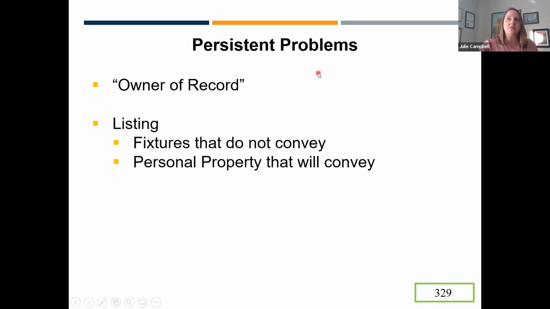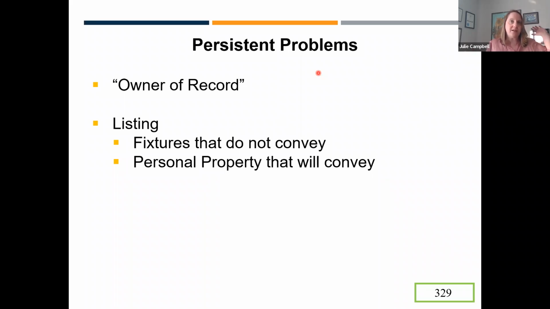We're listing things that don't need to be listed. Let's think about this. A fixture is meant to stay, right? A fixture is something permanent that's meant to stay when we convey. Personal property is meant to go. The only time fixtures and personal property need to show up in our offer to purchase and contract is when they're going to do the opposite of their intent.